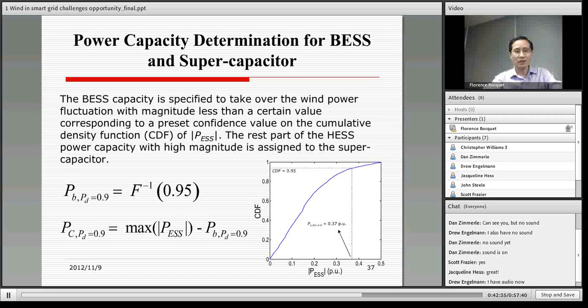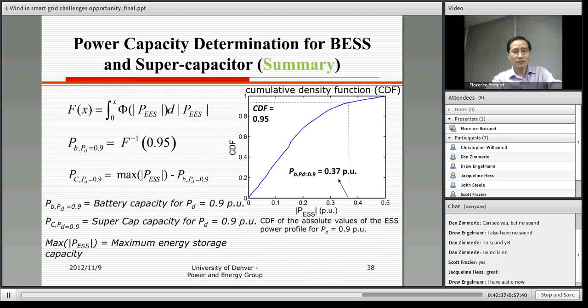So that's our method to design the hybrid energy storage systems. Basically, this is your cumulative probability function, and we find 95% of the fluctuation and assign the batteries to take care of that, and whatever is left, we subtract and use the capacitor. CPC means capacitor.